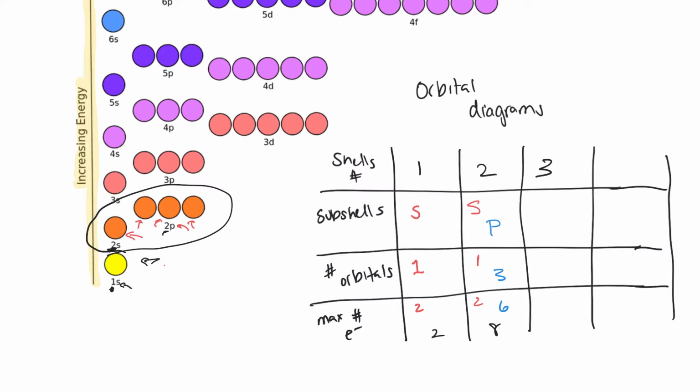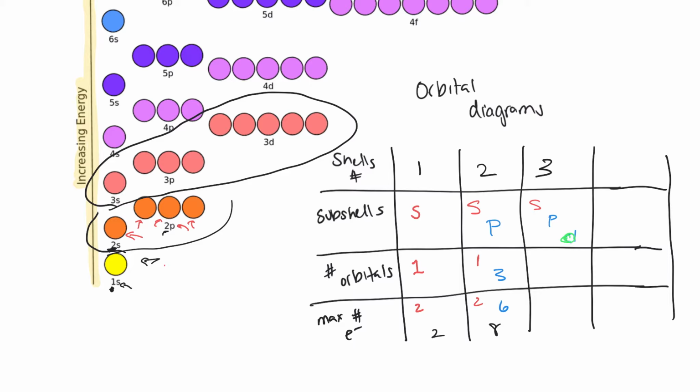The third shell, all right, and so when we're looking at the third shell, we'll circle it so we can highlight and see where we're talking about. It has subshell S, subshell P, and subshell D, which are in green.